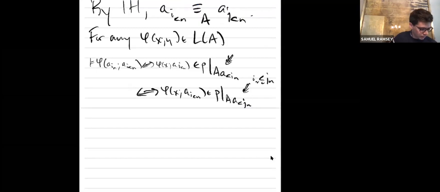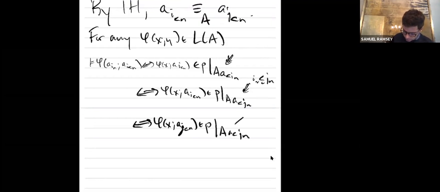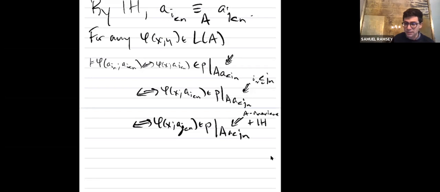Okay. Now, here's where we use something interesting. This happens if and only if phi(x, a_{j<n}) is in p restricted to A, a_{j<n}. Now, why is that? This is where we use A-invariance plus the inductive hypothesis.